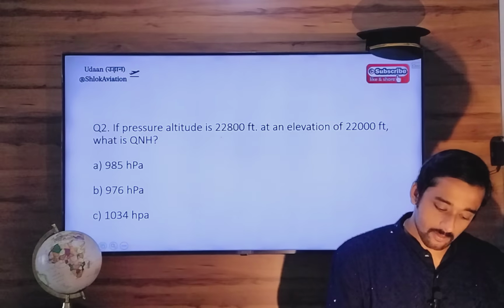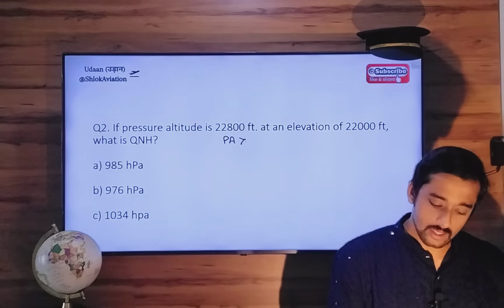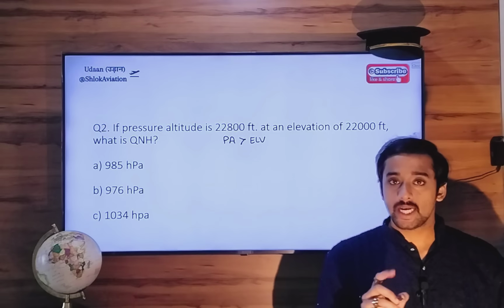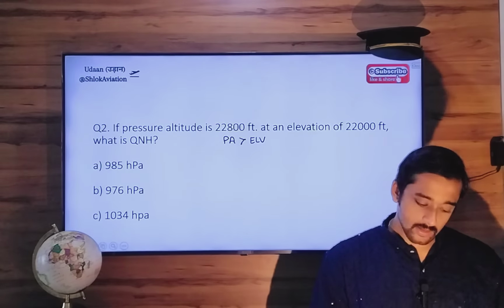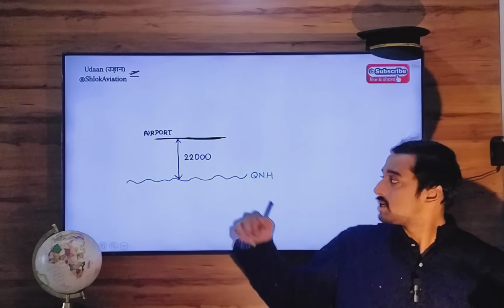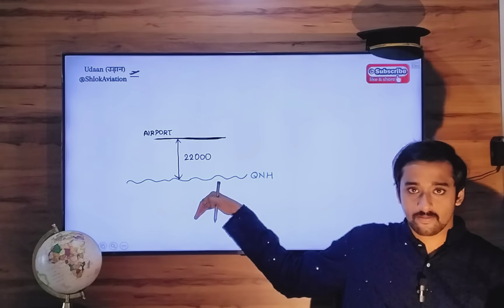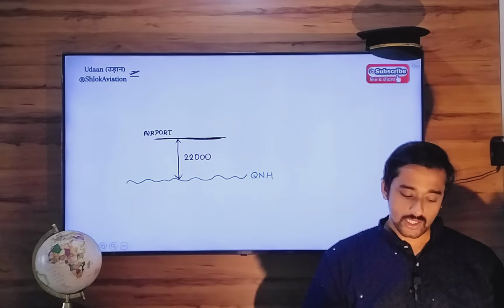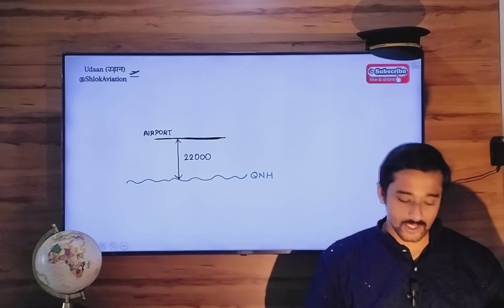Now the pressure altitude is more than the elevation by 800 feet. That means the standard pressure setting datum is below the QNH pressure datum. Okay, and that's why this pressure altitude is more than 22,000.